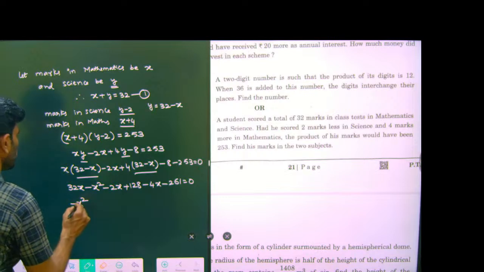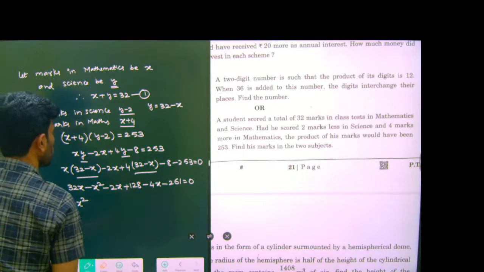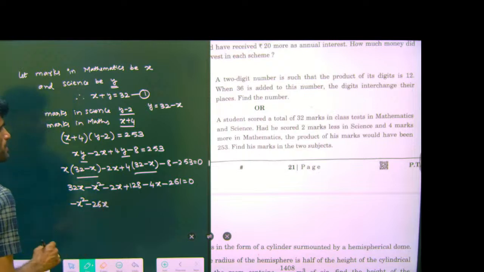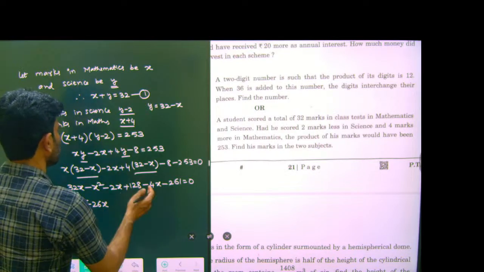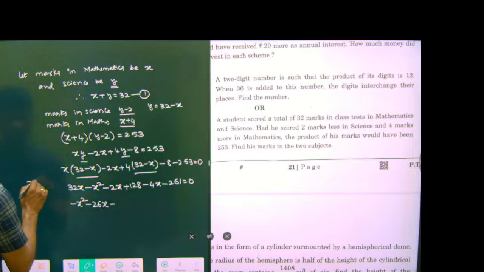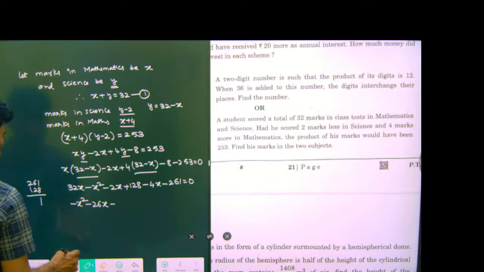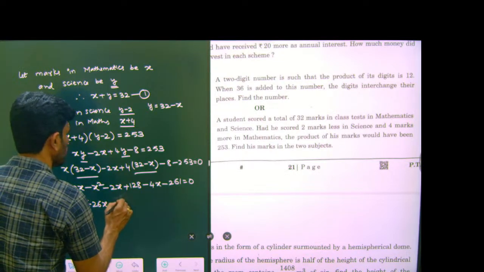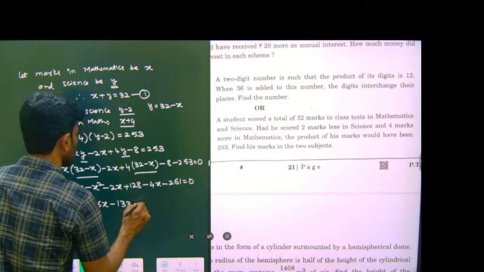So it is 32x minus 6x, 26x, then minus 261 plus 128, which is minus 133 is equal to 0.